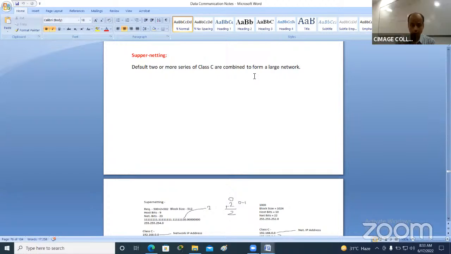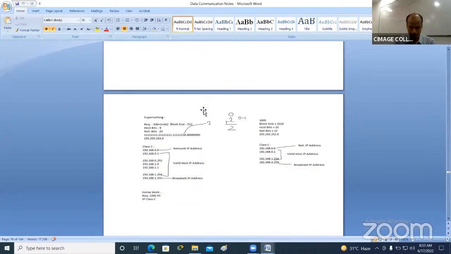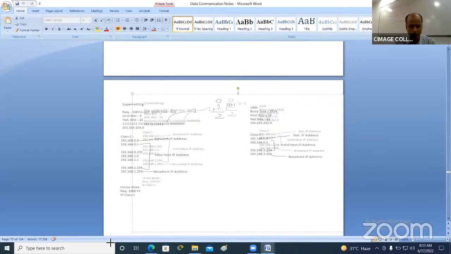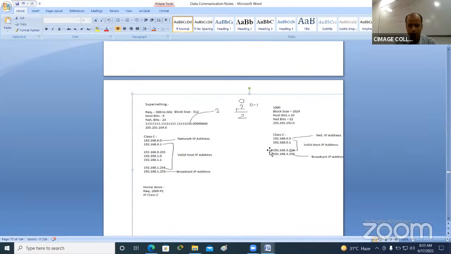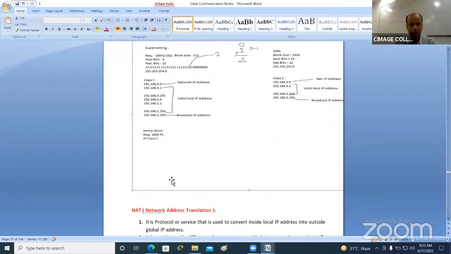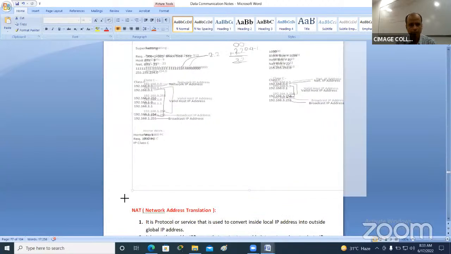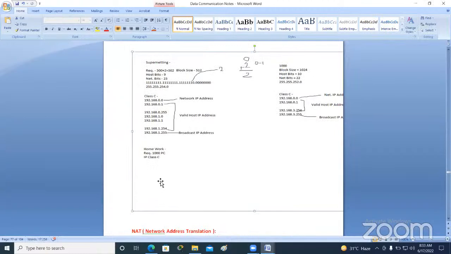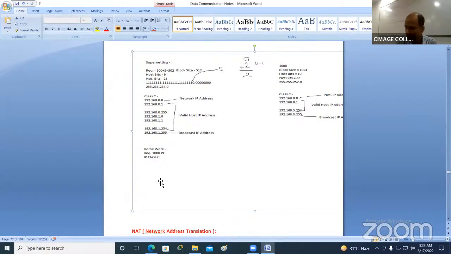Fine. Now I'm going for an example. The font is very small. Now the font is clear, I think. See this example. Suppose there is a requirement of 500 machines in a network.